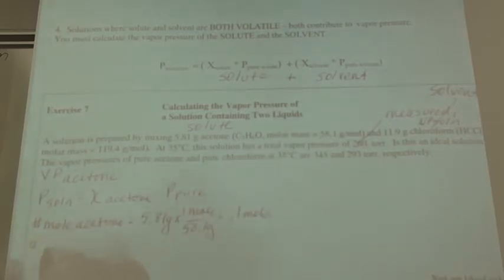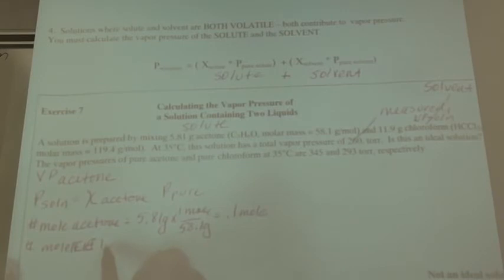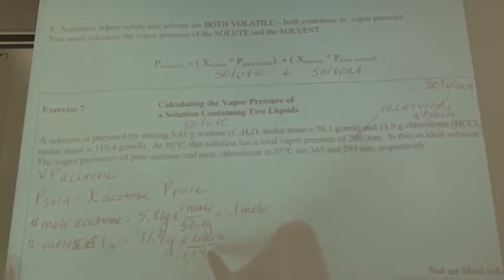The number of moles of chloroform, HCCl3, equal to 11.9 grams divided by its molar mass, 119 point something, is also 0.1 mole.